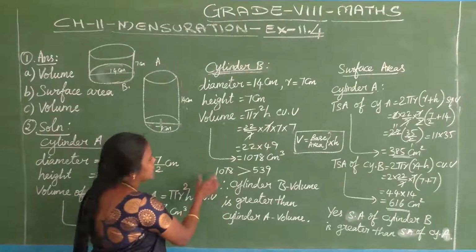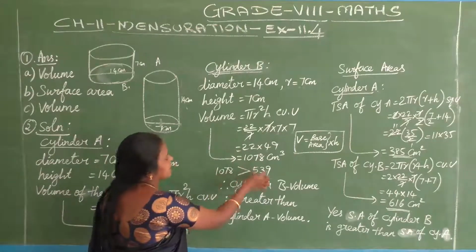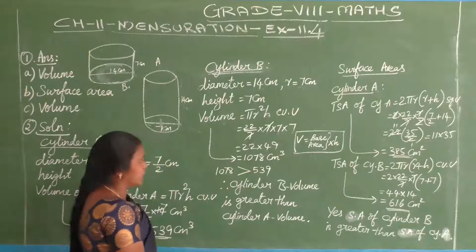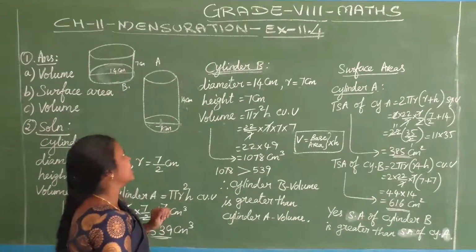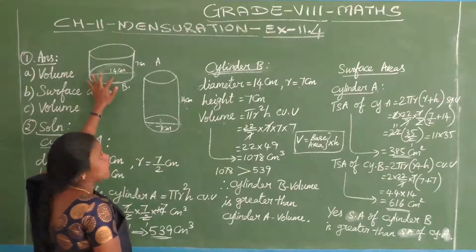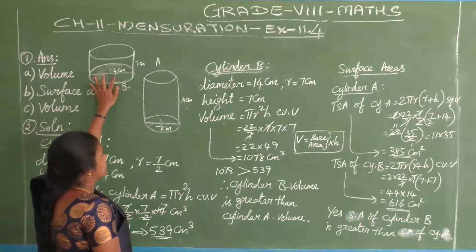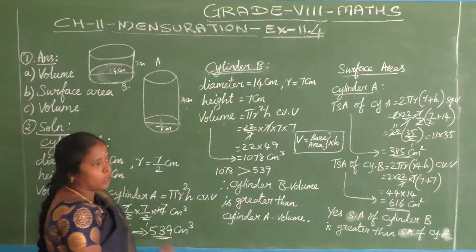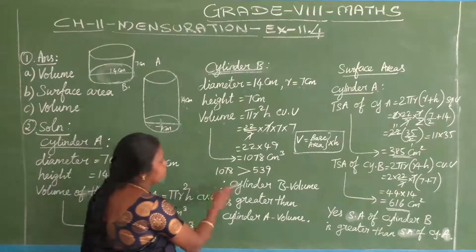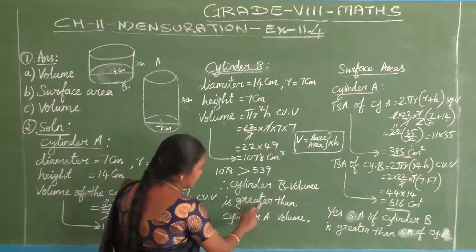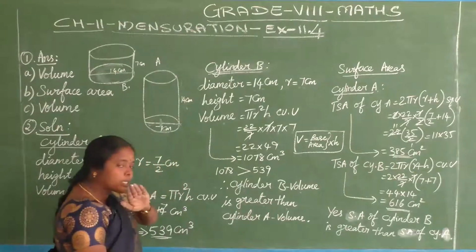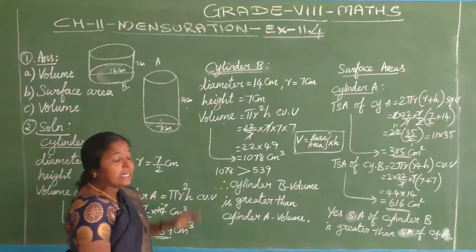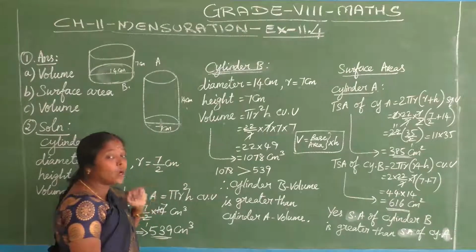Which is greater? 1078 is greater than 539. So we conclude now, after calculation, cylinder B volume is greater than cylinder A volume. What we conclude here? Cylinder B volume is greater than cylinder A volume. So second question over. Third part of this question, what they asked?